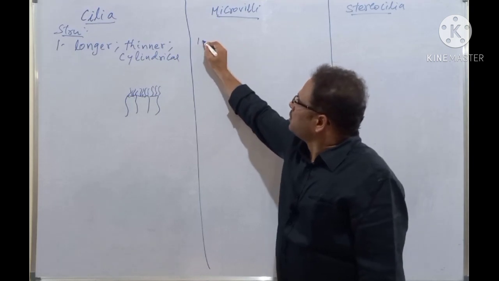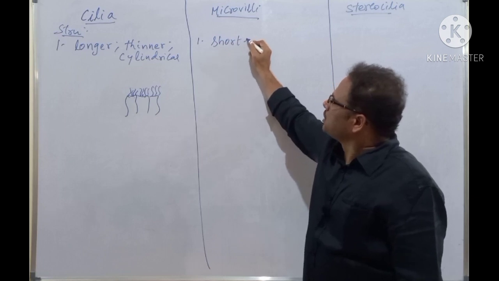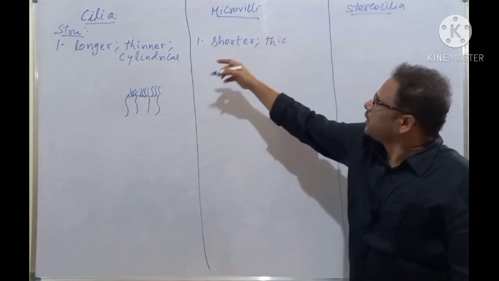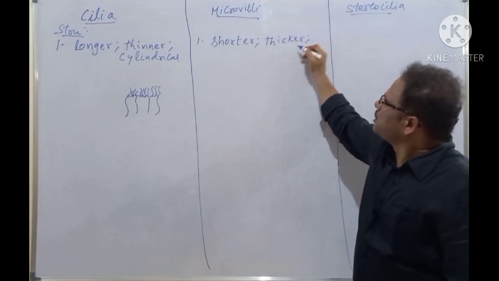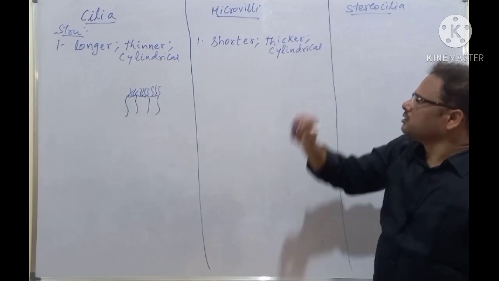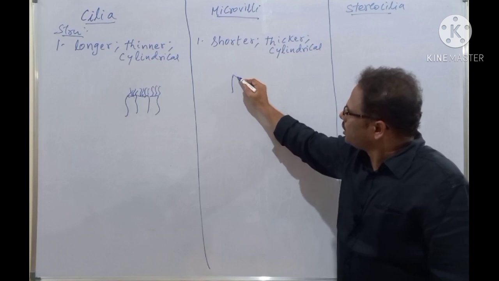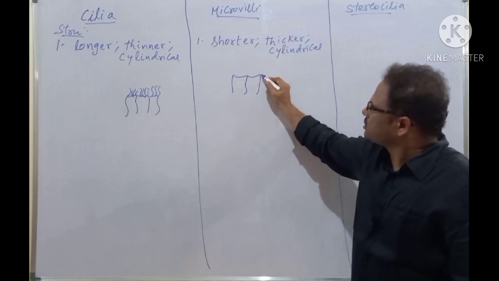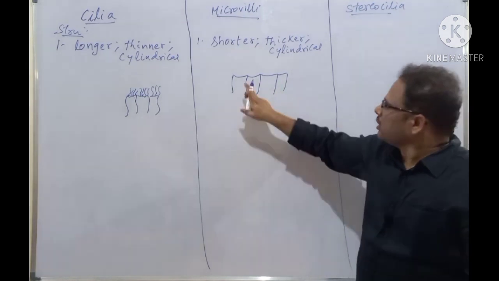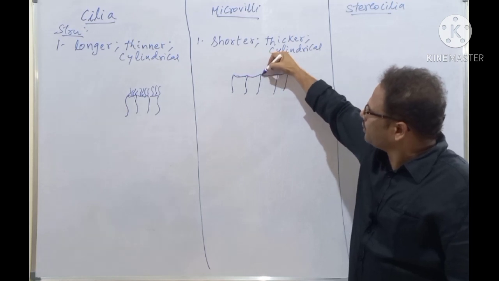Next one is microvilli. These are shorter when compared to cilia. These are shorter and thicker. That is, cilia are thinner, this is thicker, and this one is also cylindrical in shape. For example, this is an epithelial tissue consisting of epithelial cells, and this is a cell, and this is the plasma membrane.